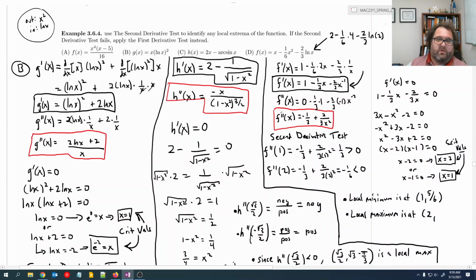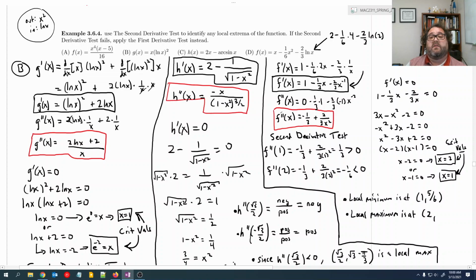Now, don't be tempted to round the natural log of 2. That's just some irrational number. So basically, we need to leave it as that. But we can simplify the other part, right? Because we have 2 minus 4 over 6. So what's 2 minus 4 over 6? Well, 4 over 6 is what, 2/3?